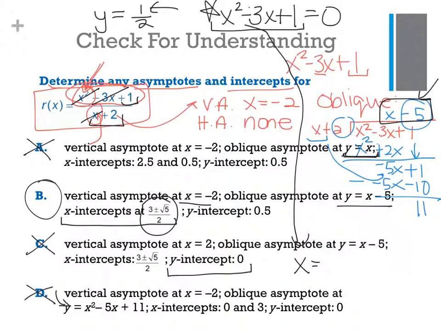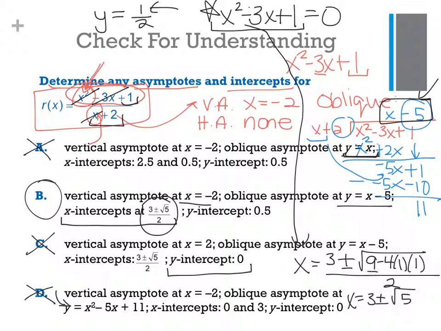So I'm going to get the opposite of b, which is positive 3, plus or minus b squared, which is 9, minus 4 times 1 times 1, all over 2a, which is 2. You get x equals 3 plus or minus square root of 5, because 9 minus 4 times 1 times 1 is just 4.